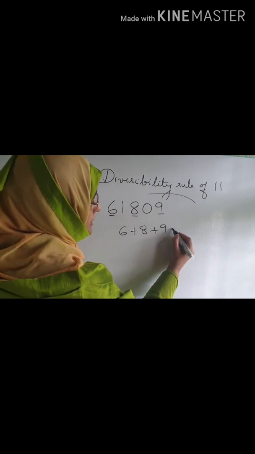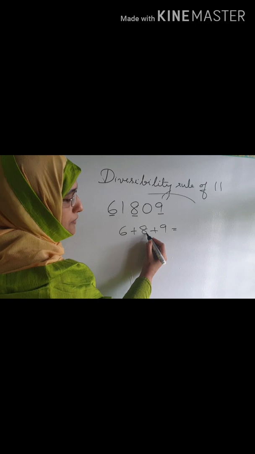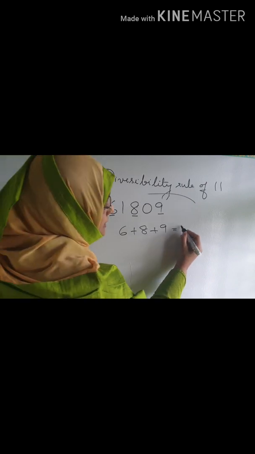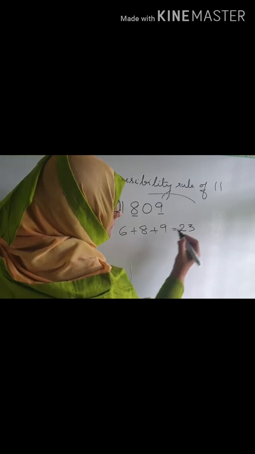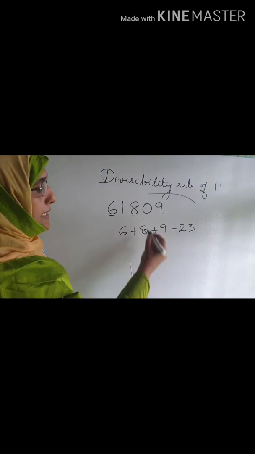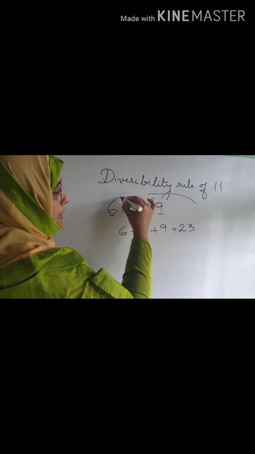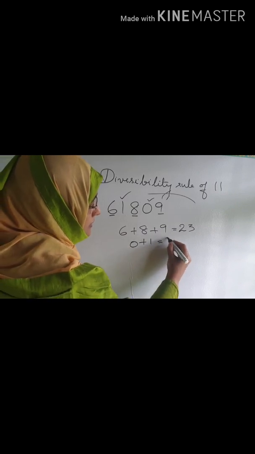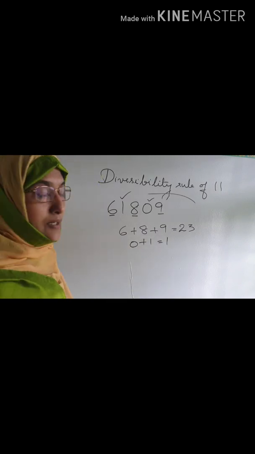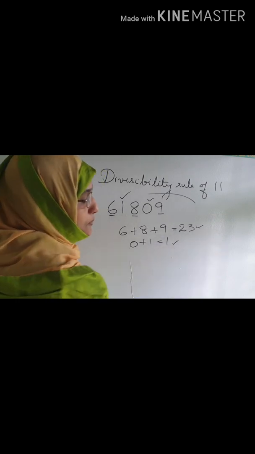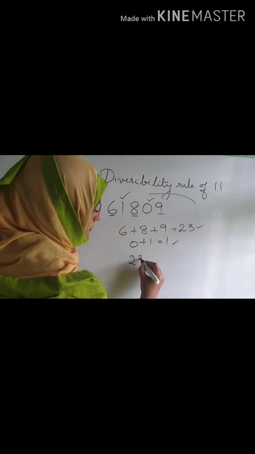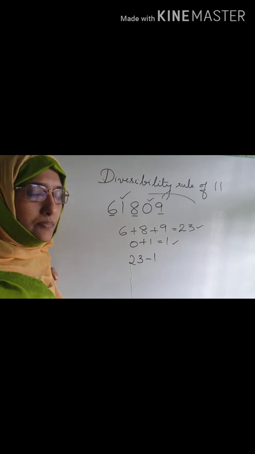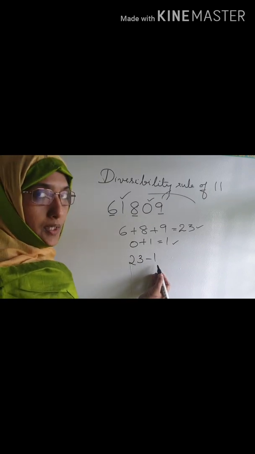What is 6 plus 8 plus 9? 6 plus 8, 14. 14 plus 9, 23. Okay. Take the other numbers, 0 and 1. Add that. 0 plus 1, 1. What is the next step? Find the difference between these two. That is 23 minus 1.